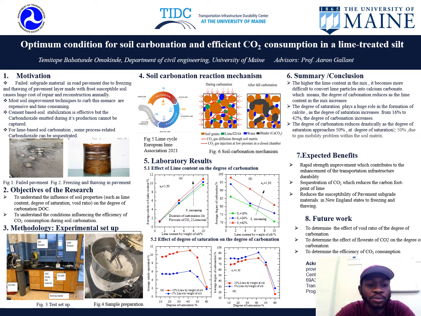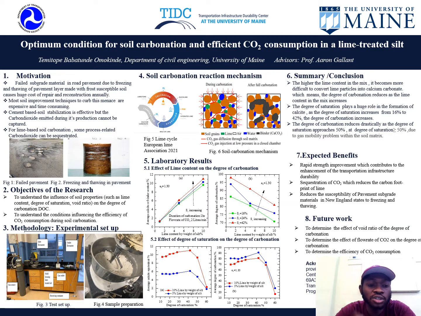To solve this problem, we need to use a material which is going to reduce the carbon footprint. So using lime-based soil carbonation is going to give us the opportunity to reduce the CO2 gas that was emitted during its production.